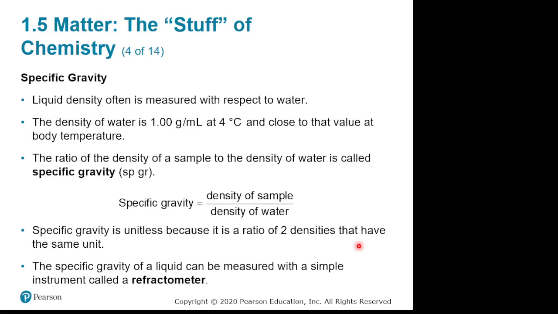Now, there is a pretty easy to use instrument that's meant to do this, and that is the refractometer. This is a very, very common piece of equipment to see in a clinic or a medical environment. Because there's a whole host of testing that's very cheap to do that uses specific gravity against water. For example, urine, if the specific gravity is too high or too low, then you've significantly deviated, and you probably have things like ketosis or diabetes.